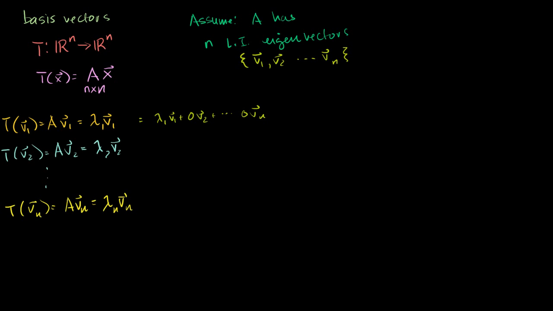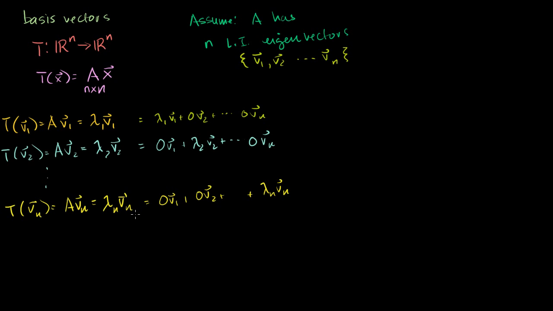And this right here is going to be 0 times v1 plus lambda 2 times v2 plus all the way 0 times all of the other vectors, vn. And then this guy down here is going to be 0 times v1 plus 0 times v2 plus 0 times all of these basis vectors, these eigenvectors, but lambda n times vn.